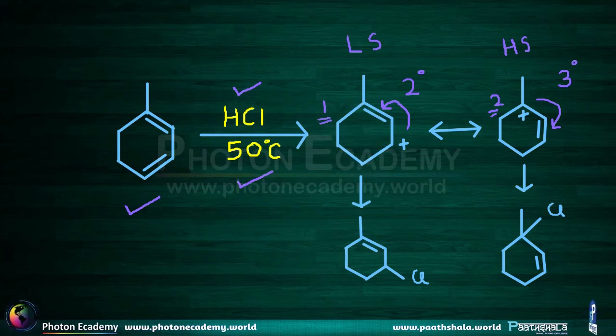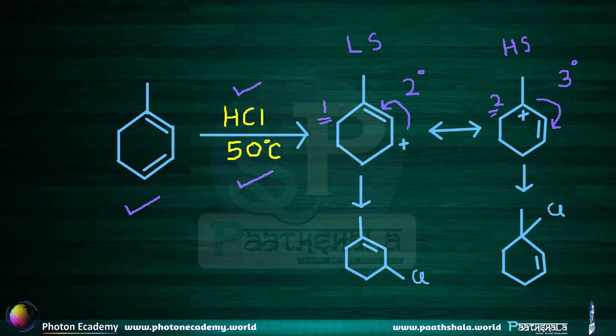And here the reaction temperature is high, so this is a reaction in which a TCP will be formed, and TCP is always the product which involves the intermediate having a lower stability.